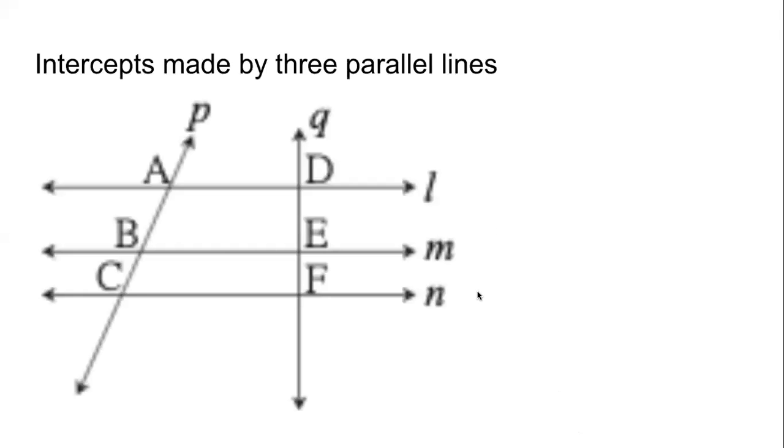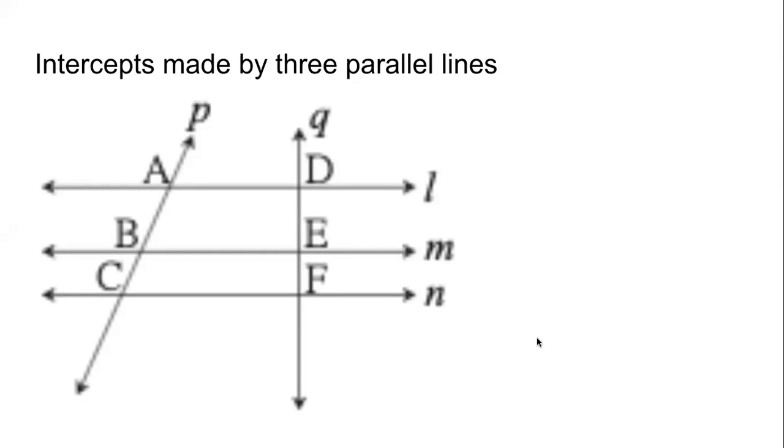But even before we start understanding the section formula, we need to know something else that we have studied in the previous classes. It is something related to parallel lines. I'm sure you would recognize this kind of diagram, where there are three parallel lines, L, M, and N, and there are two other lines, P and Q. If I tell you that L is parallel to M is parallel to N, then what is the special name of the lines P and Q?